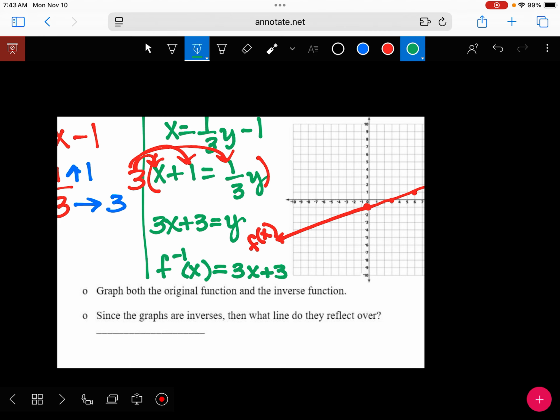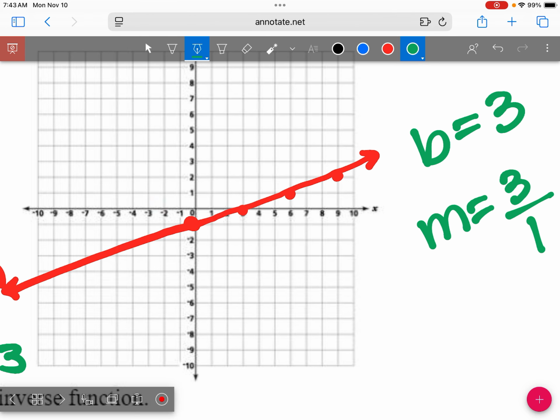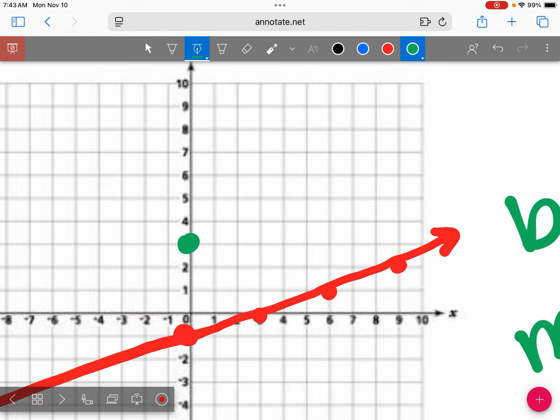So that means my second line is going to start at 3, and my slope is 3/1. That's my second line. So for my second line, go ahead and put a point at 3. But now, from that point, because it's 3/1, you're going to go up 3 to the right 1. So from this point, up 3, 1, 2, 3 to the right 1, put a point. Repeat.